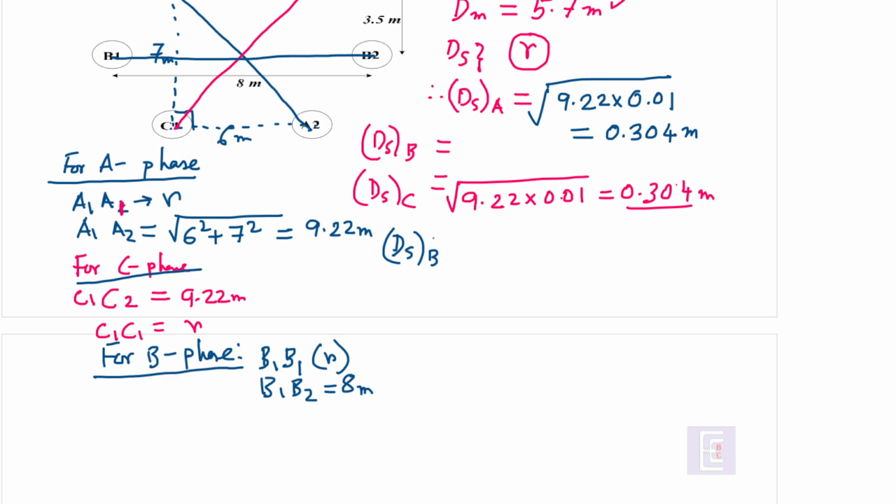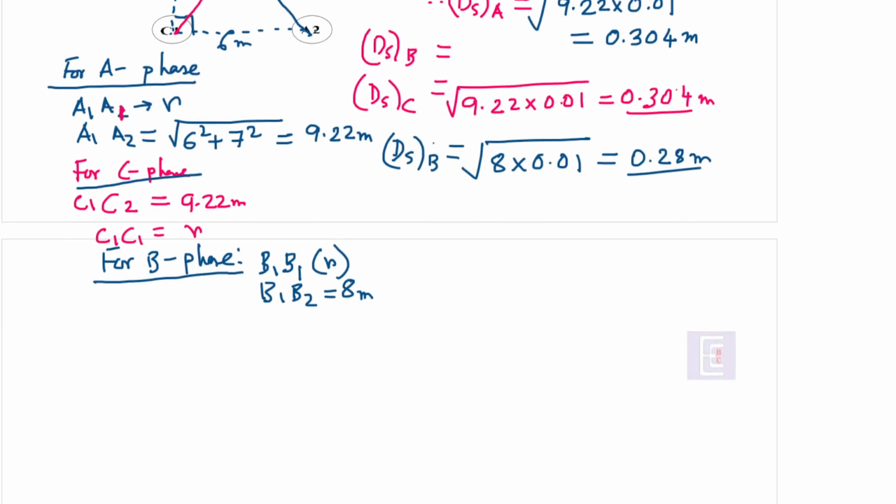So DSB is nothing but square root of 8 into 0.01, which evaluates to 0.28 meter. Once we have done all these three, we should calculate the equivalent self distance.